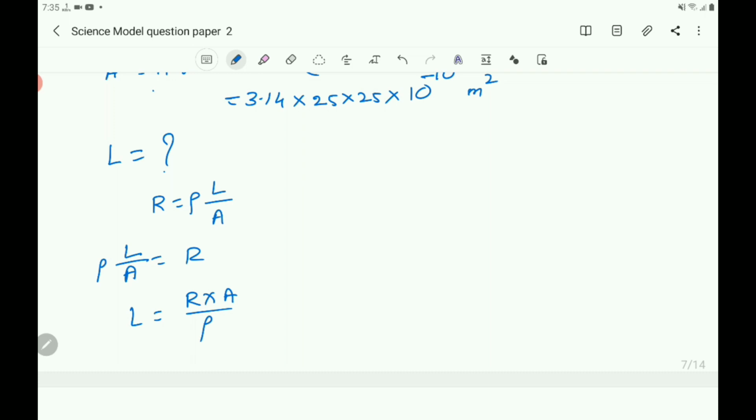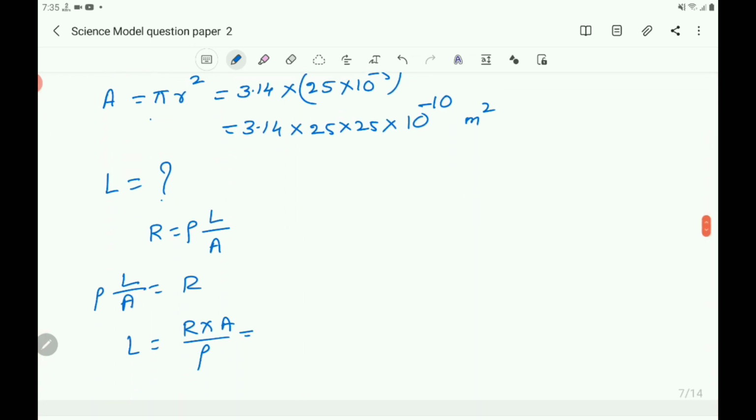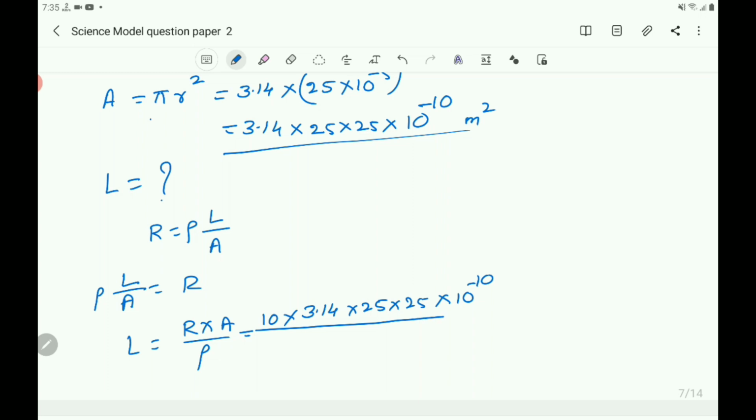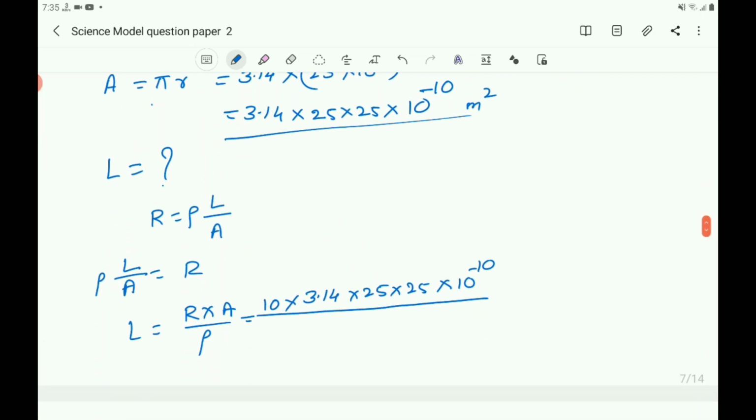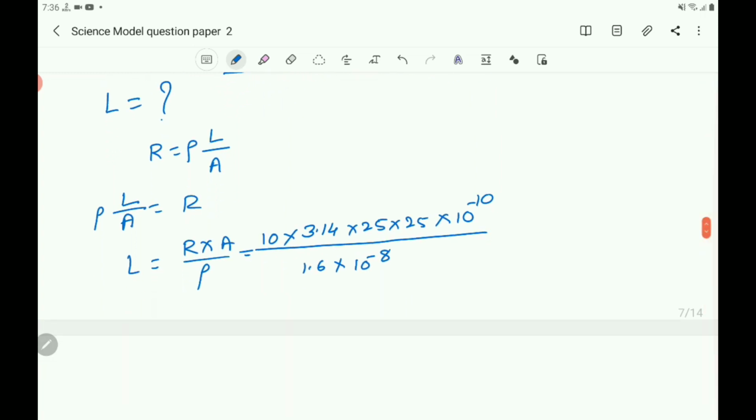R is 10, A is 3.14 into 25 into 25 into 10 power minus 10, divided by rho, which is given as 1.6 into 10 power minus 8.